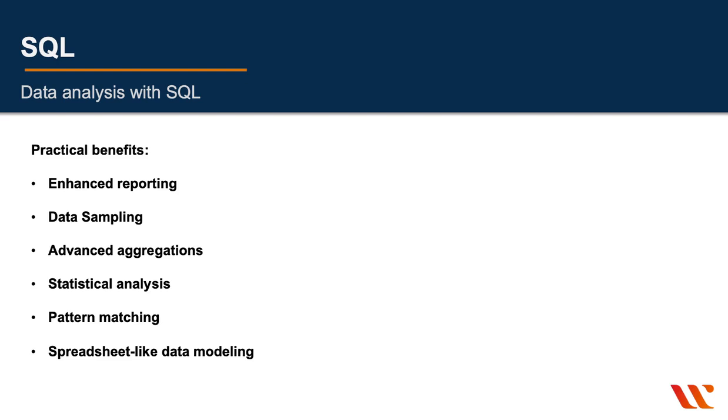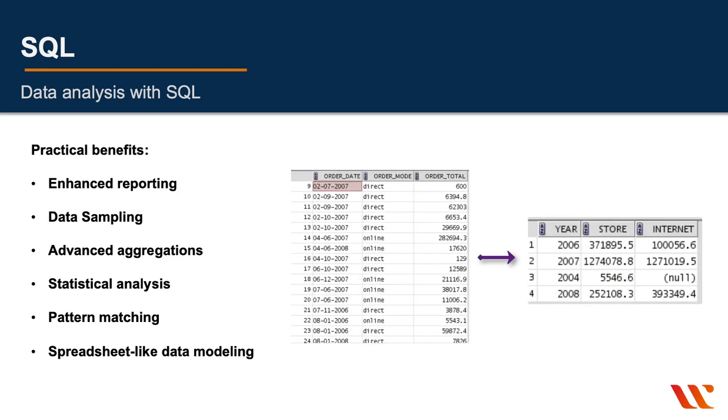Pivoting operations. Pivoting is a key technique in many data warehouse related applications. BI queries typically transform multiple input rows into result sets that contain fewer and generally wider rows.